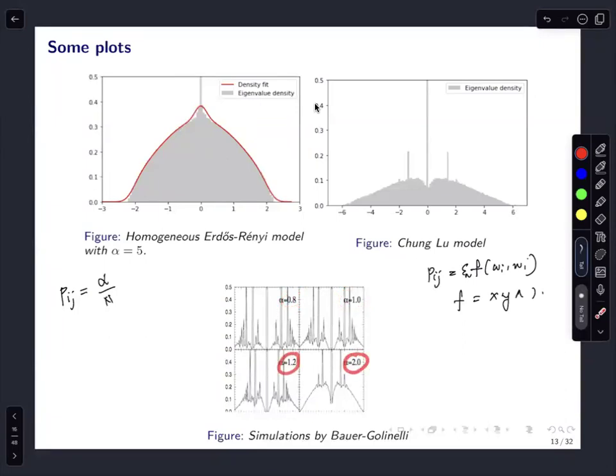This is 2. So the transition from 0.8 to 2 is quite dramatic, in the sense that at 0.8 you already see all these huge spikes of atoms. And you haven't even crossed 1. So 1 should be the critical value, because we know for Erdős-Rényi at alpha 1 the tree becomes infinite, and for alpha less than 1 the tree is finite.